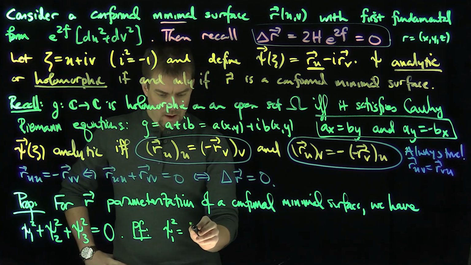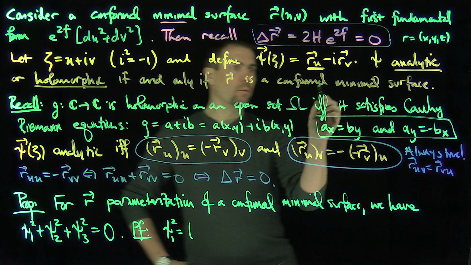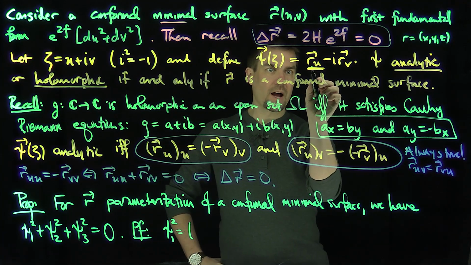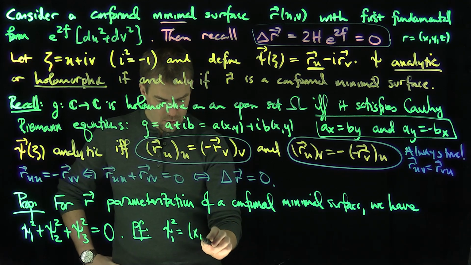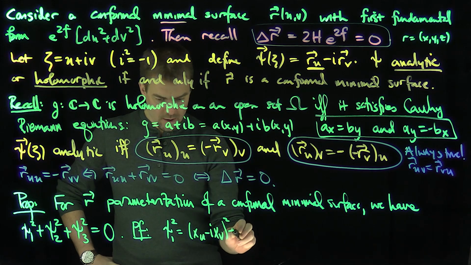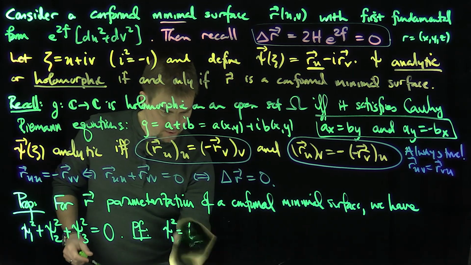is going to be x. Now, what's that going to be? So I really have an x_u minus i x_v, right? That's going to be an x_u minus i x_v squared. And then plus, let's do all of them together, actually. So to save myself a little bit of space, let's do them all together.